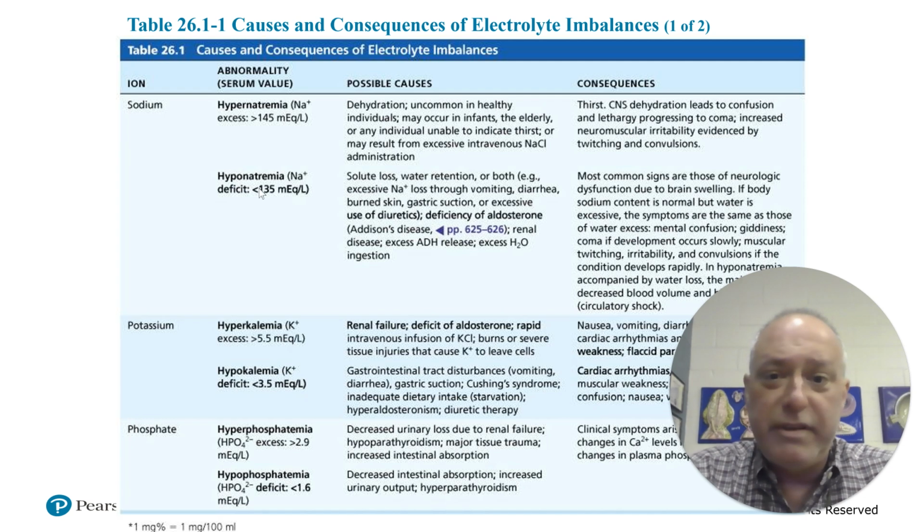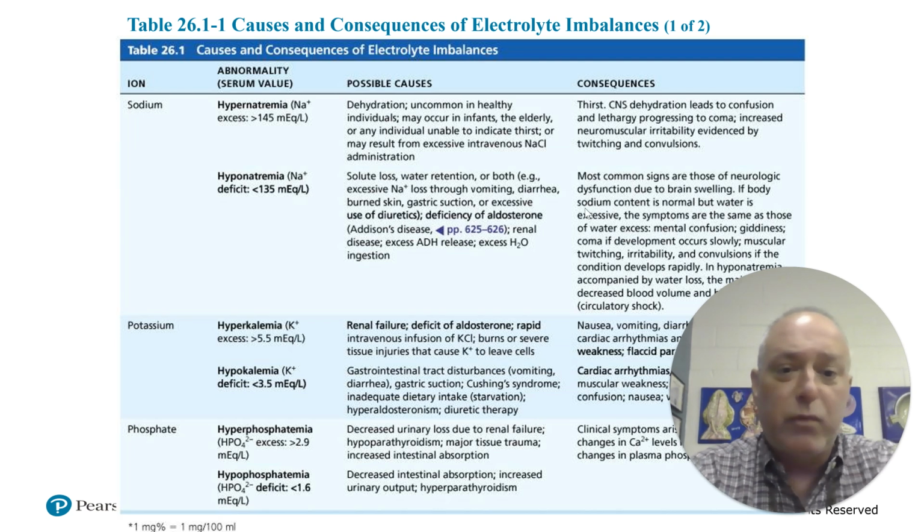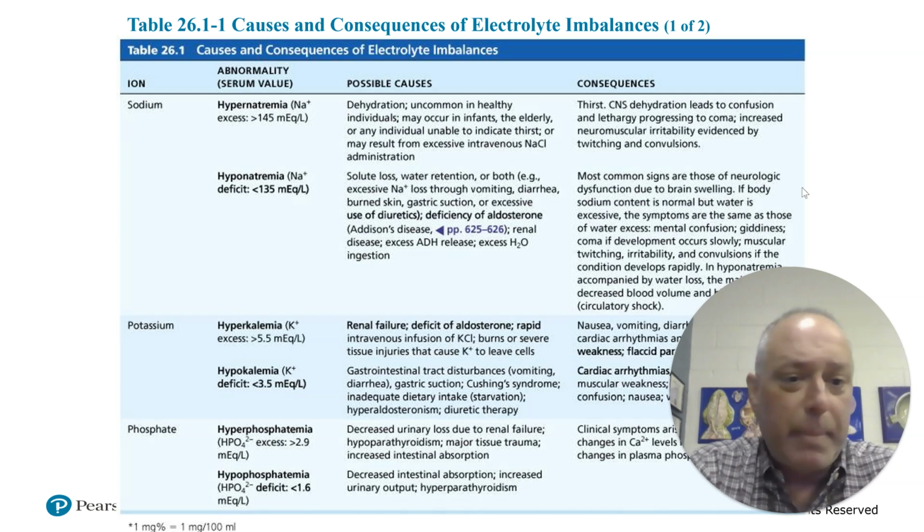Hyponatremia, where you have decreased sodium, is when you have solute loss or water retention. It could be excessive vomiting, where you're losing the water. It could be diarrhea, burns. And hyponatremia is associated with neurological conditions, brain swelling, interestingly.